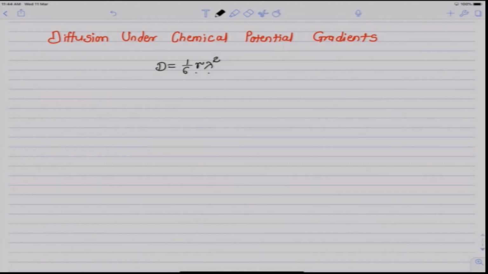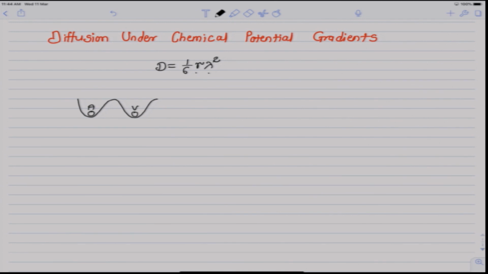In the absence of any driving force, we have seen that at their regular atomic positions, the atoms are lying in a potential energy well. So if this is an atom A and it jumps onto the next site, which is a vacancy V, there is no net change in the Gibbs free energy because of this jump.